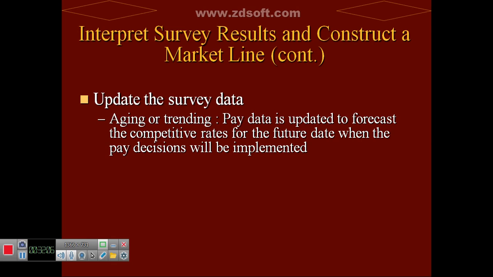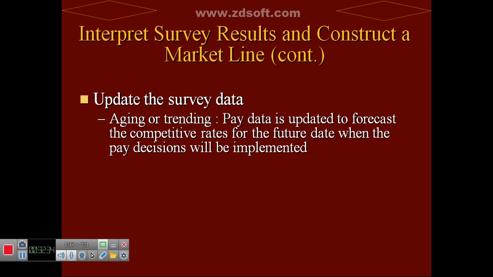The aging or trending of data. Pay data is updated to forecast the competitive rates for the future date when the pay decisions will be implemented. Because even in case of primary data collection, let's say the company is conducting a survey of its competitors. In my example, a pharmaceutical company is conducting a survey of other pharmaceutical companies in the industry, on how much they are paying for the job of a sales representative.